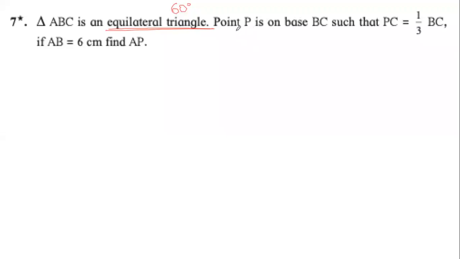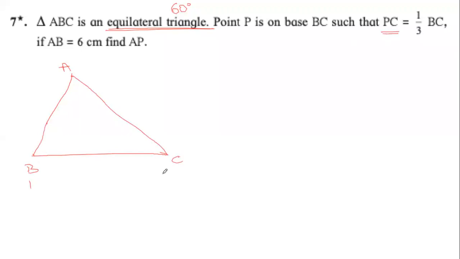Now it says point P is on the base BC. So let us start drawing. A, B, C. And it says P is a point on BC such that PC is 1/3 of BC.